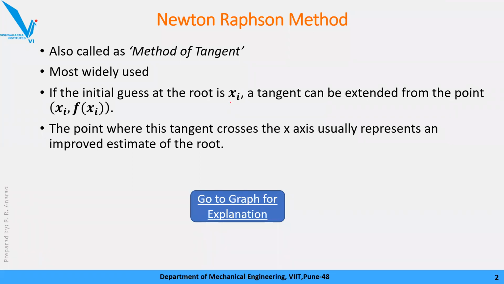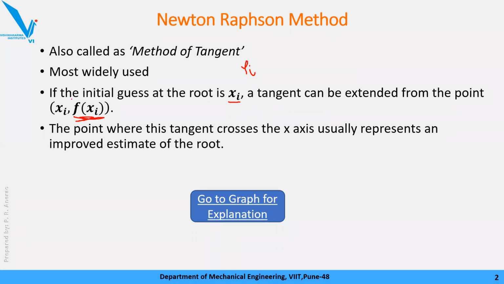You start with an initial guess, a random guess. Then from that guess you calculate a value of the function. That means by putting this x of i, calculate y of i. How can you calculate that? Put that x of i in the given function, and this is nothing but your y of i.